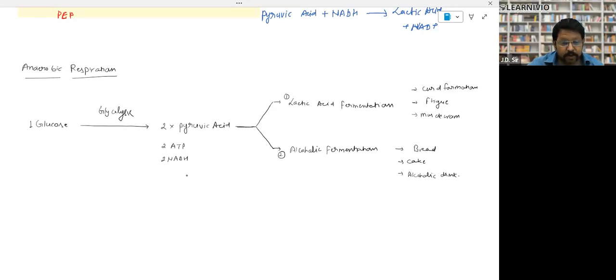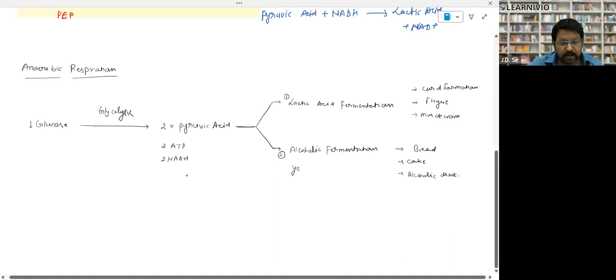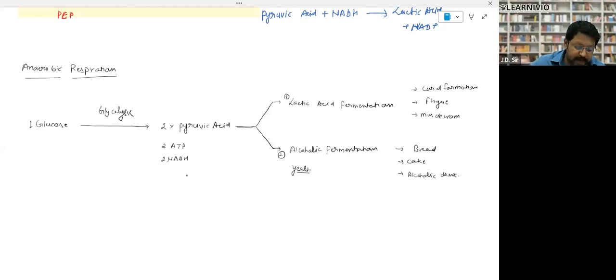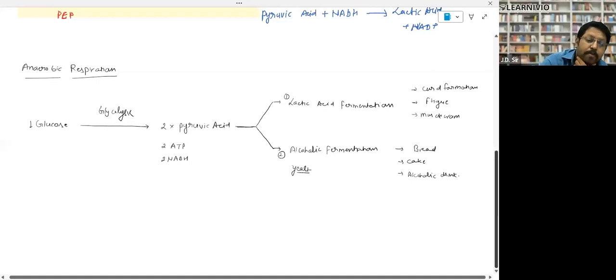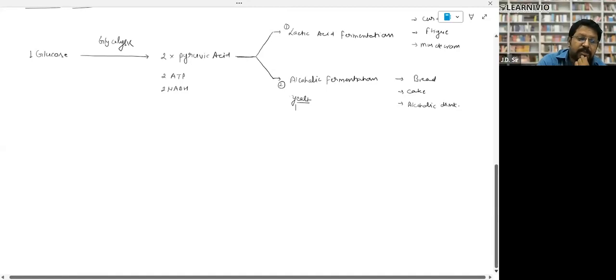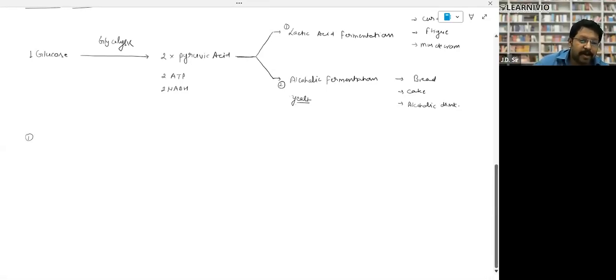Next, this is very important. Yeast can respire both aerobically and anaerobically.